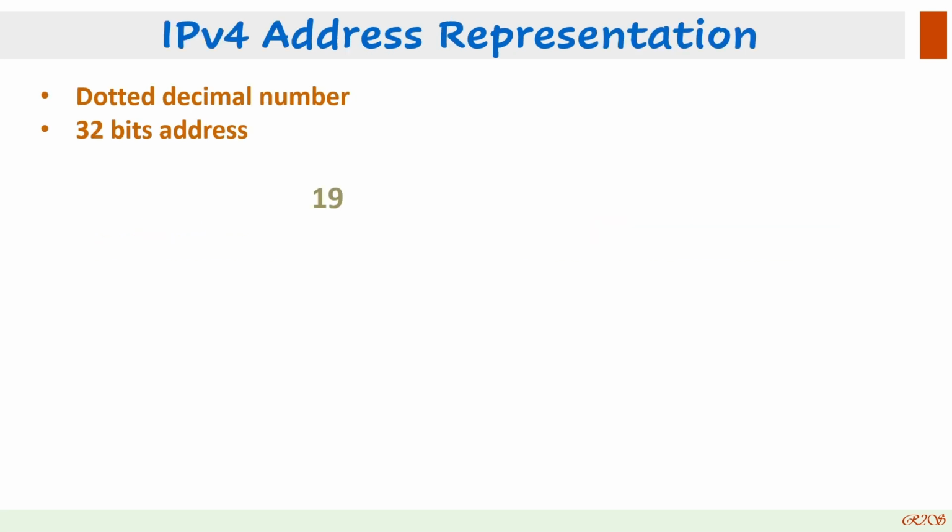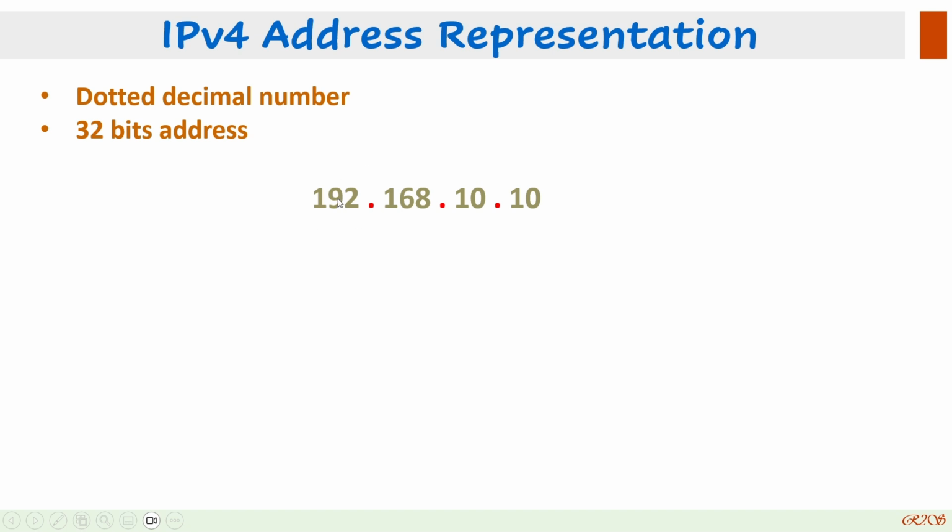IPv4 is represented as a dotted decimal number. Why dotted decimal? Because the IPv4 address is represented using decimal numbers, like 192 and 10, which are separated by dots. That's why it is called a dotted decimal number.